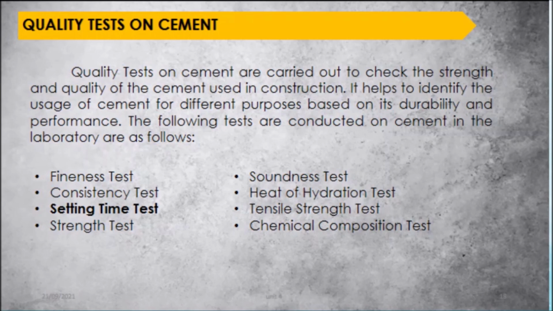The following tests are conducted on cement in the laboratory: fineness test, consistency, setting time, strength, soundness, heat of hydration, tensile strength, and chemical composition test. In this unit, we will discuss the setting time test.